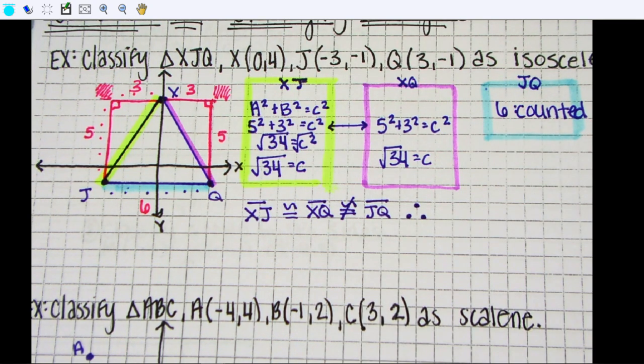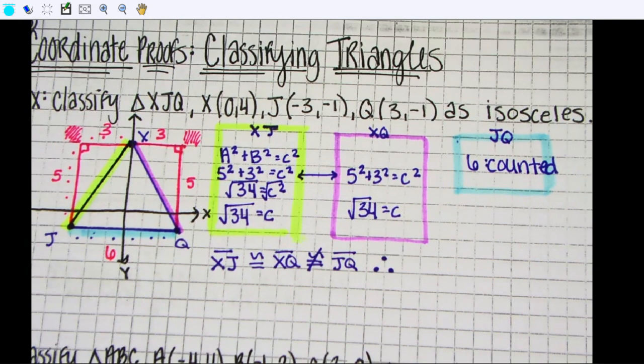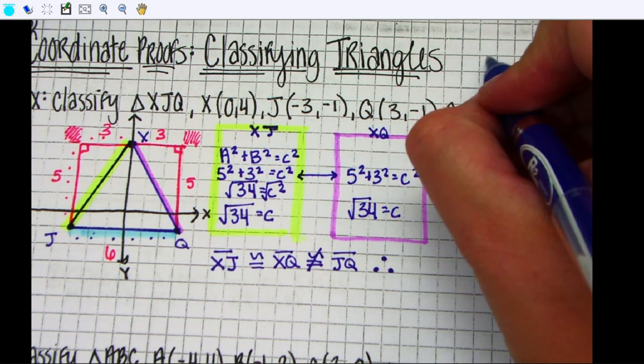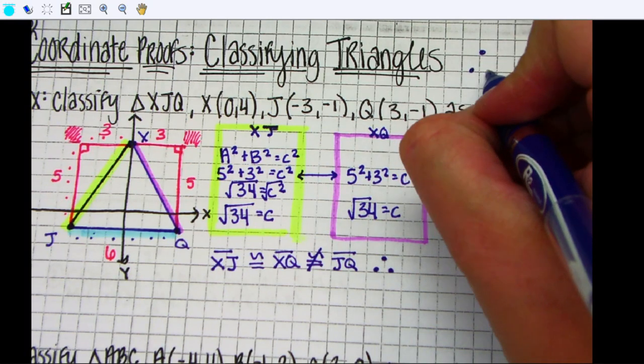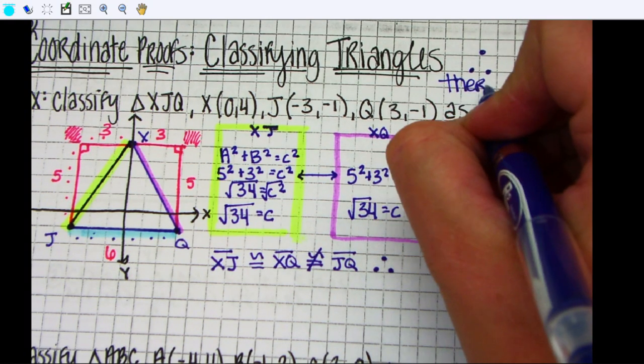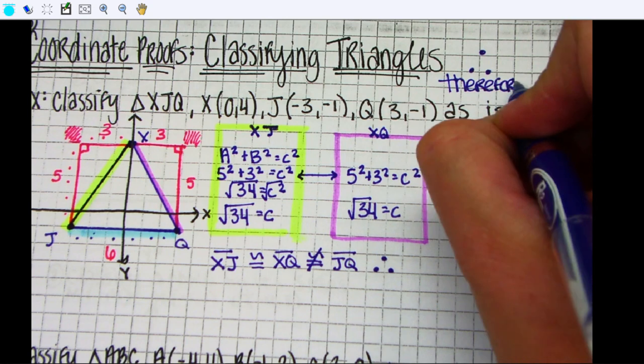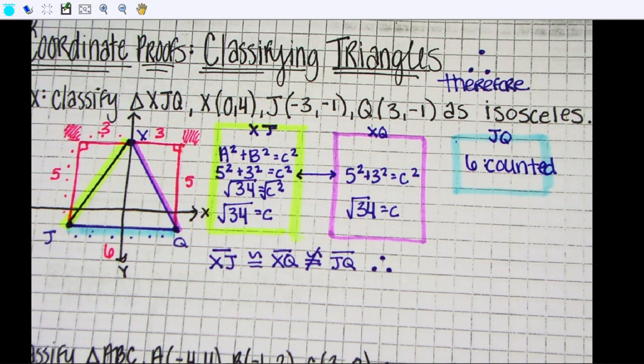That little 3 dot symbol stands for the word therefore. We're going to learn a new math symbol if you haven't seen this one yet. The 3 dots stands for the word therefore.